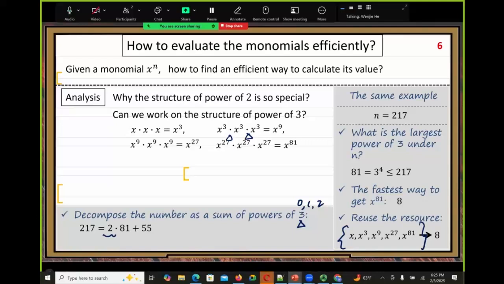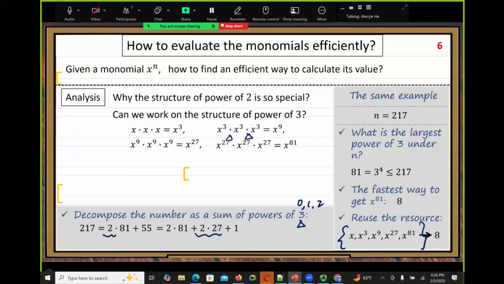So that's why for 217, we take out 2 times 81. Then the remainder is 55. Then from 55, we can take up to 2 copies. So 2 times 27 plus 1.